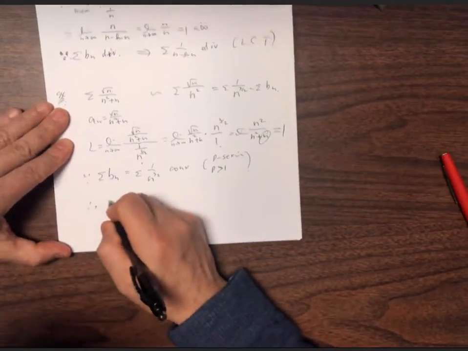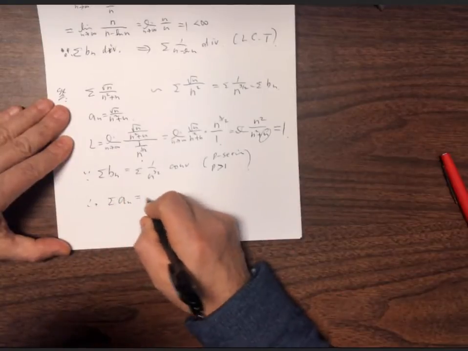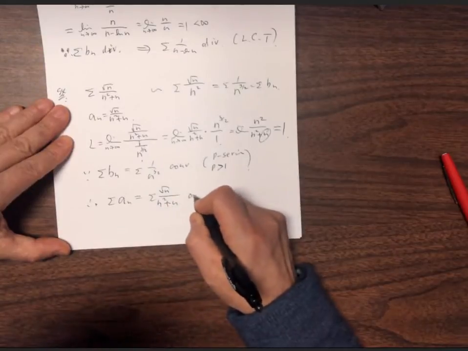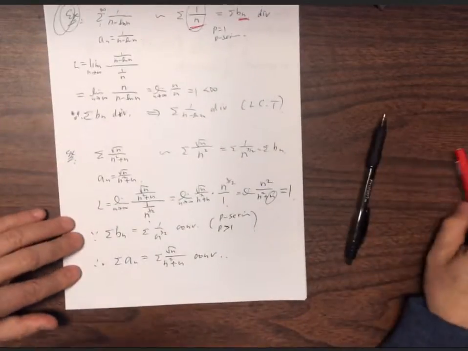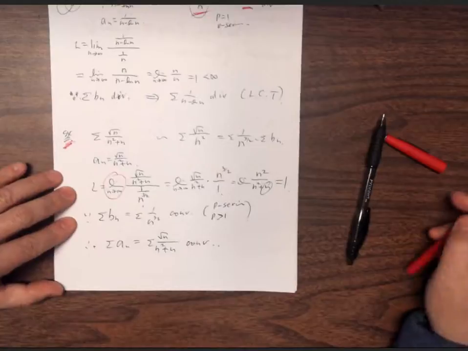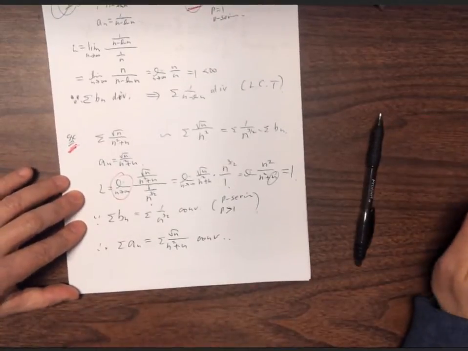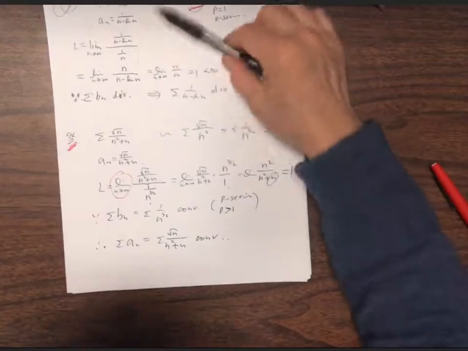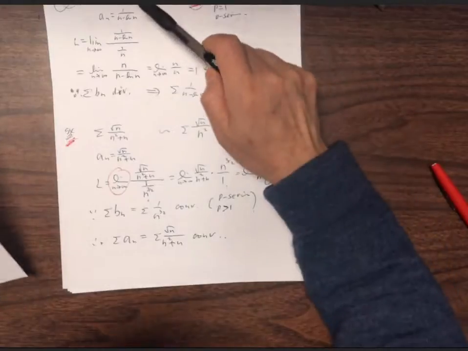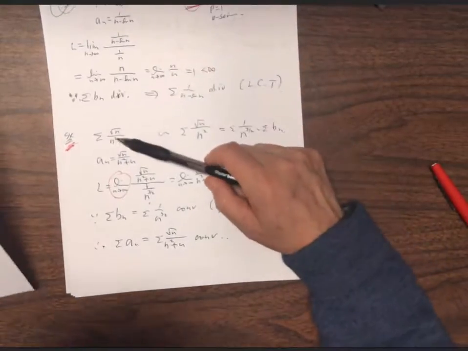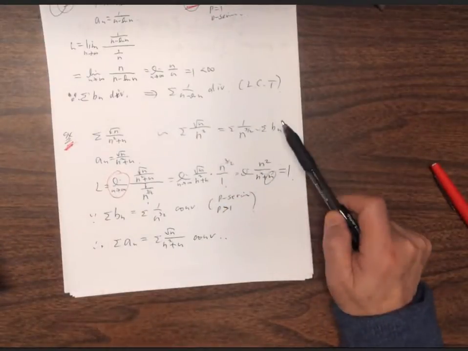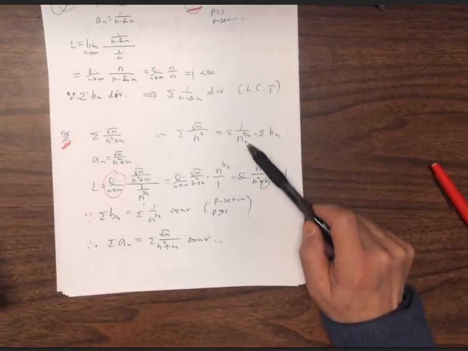Therefore, we conclude sigma An, that's our original given series, converges. So this is how we apply the limit comparison test to check convergence or divergence. Now from these two examples, you see, in order to apply this test, we have to be able to somehow simplify or drop terms in order to get a sigma Bn that's known to converge or to diverge.